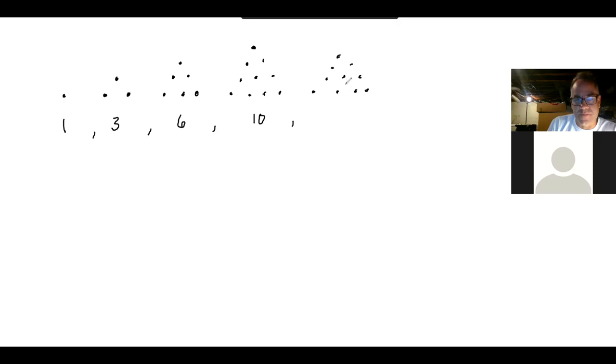So you would take the 10 here, and then the question is, how many more dots would I need to add? I would need 5 more, and I would have a total of 15. And so what I'm going to conclude is to get the next term of the sequence: here I added 2, here I added 3 to get here, here I added 4. Then I added 5 to get the 5th term of the sequence.